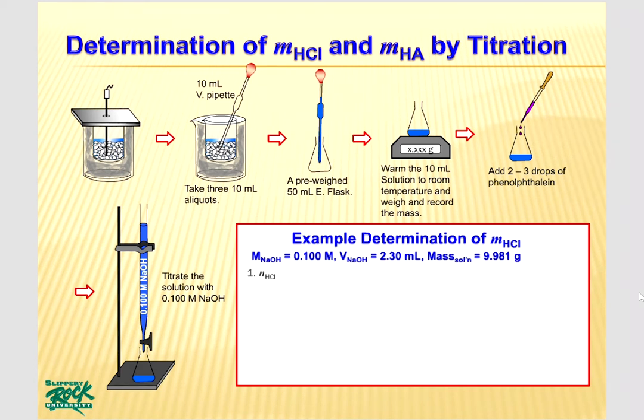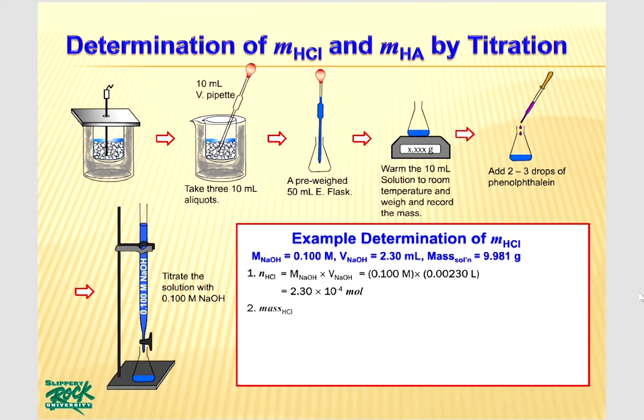The number of moles of HCl can be easily calculated by multiplying the molarity of NaOH by the dispensed volume of the NaOH solution, that is 0.100 molar times 0.00230 liters, which is equal to 2.30 times 10 to the negative 4th moles.